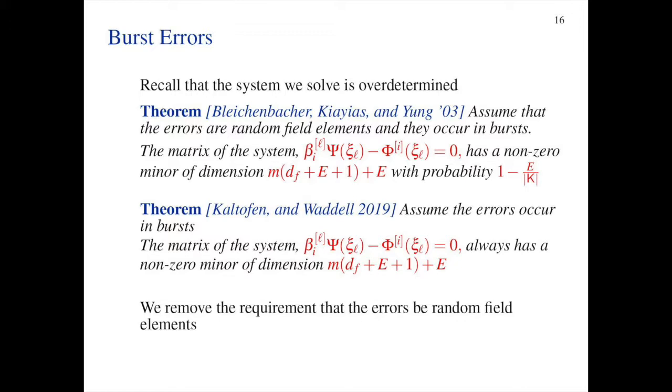What we were able to do is remove the assumption that the errors needed to be random, in order to solve a smaller system. Not the number of evaluation points, but the size of the linear system you set up, can be much smaller.